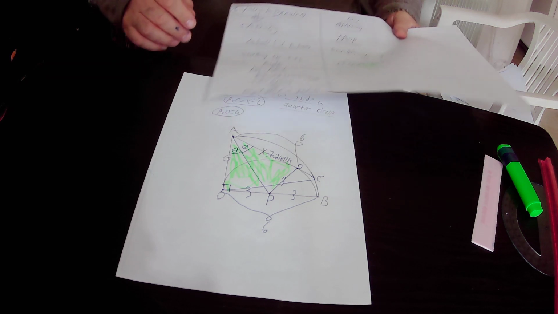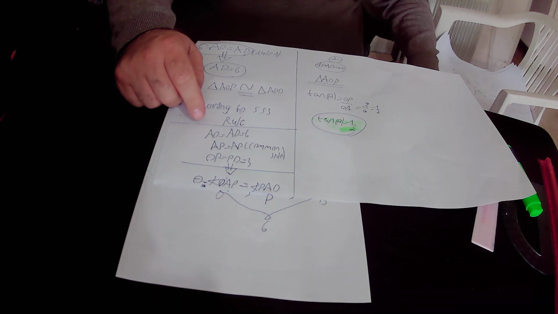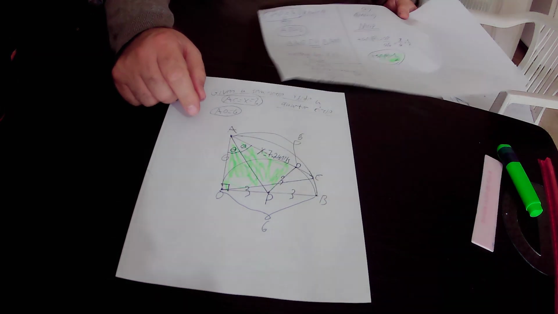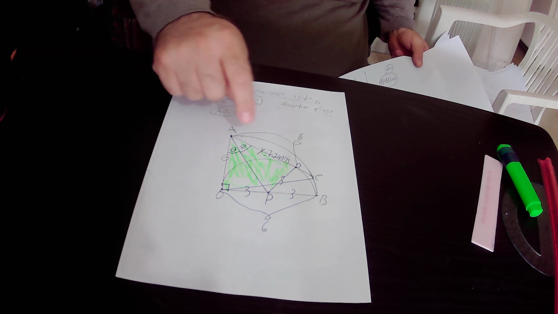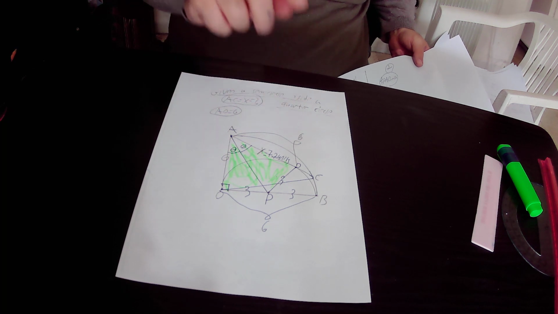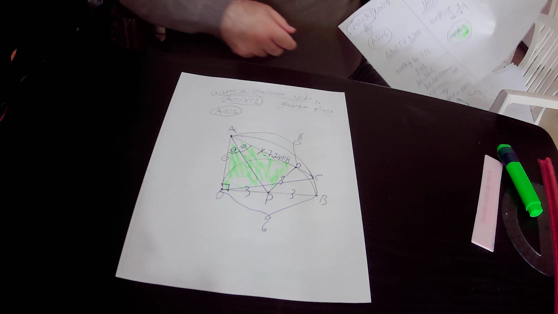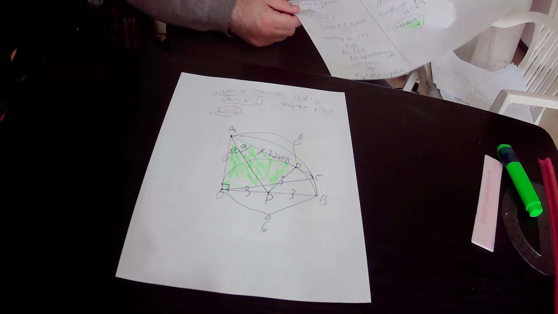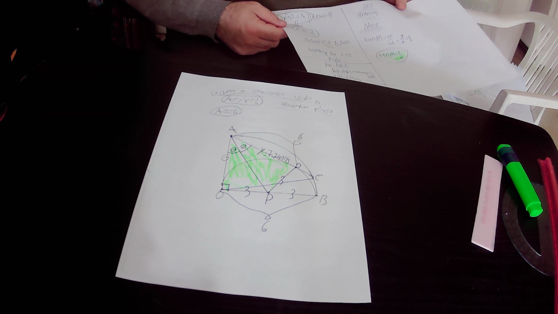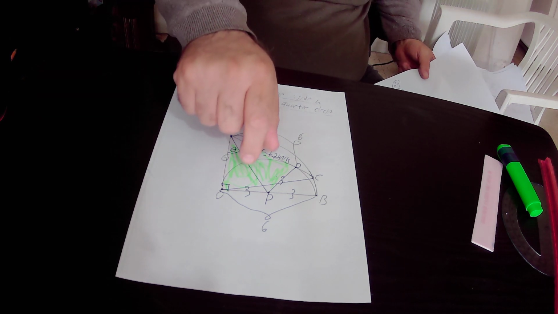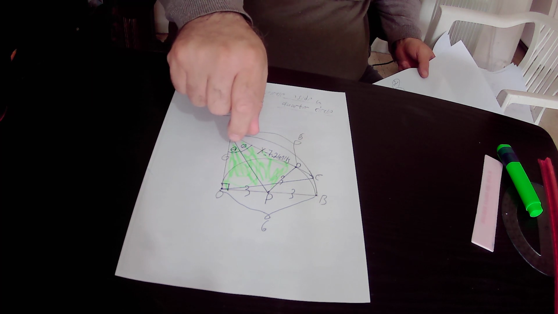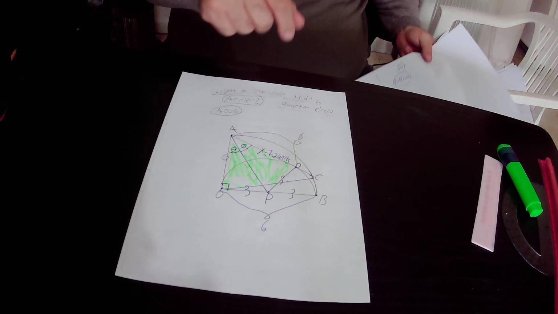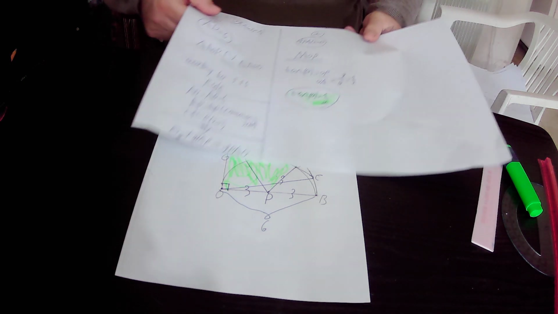Very simple. And from the fact that those two triangles are congruent, we conclude that those two angles are equal to each other. That is to say, angle OAP equals angle PAD, according to the rule that corresponding angles in congruent triangles are equal. Those two green triangles are congruent, therefore those two corresponding angles must be equal.